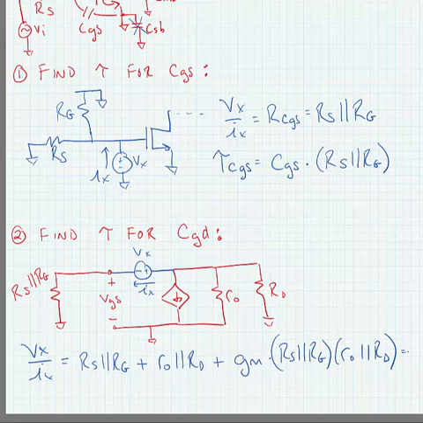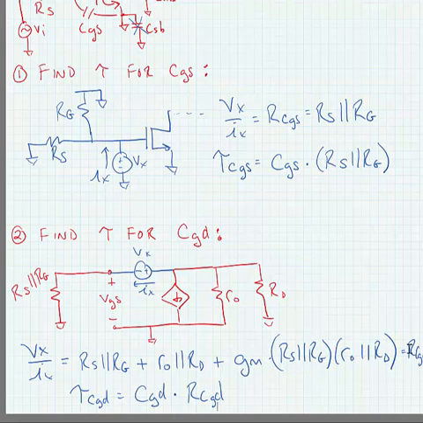And this would be equal to what we would call R CGD. Now our time constant, tau CGD, would be equal to CGD times this R CGD that we just calculated.